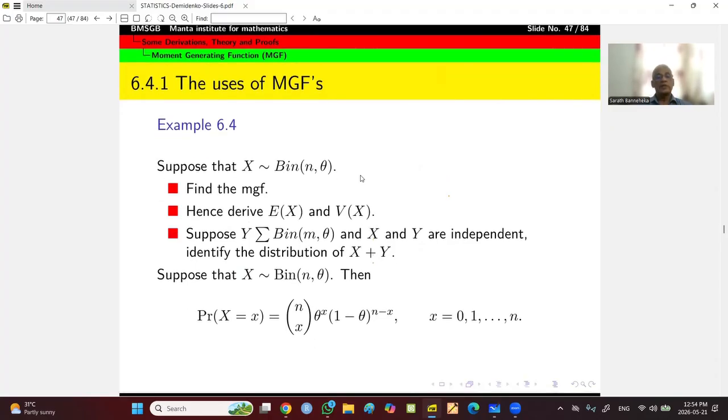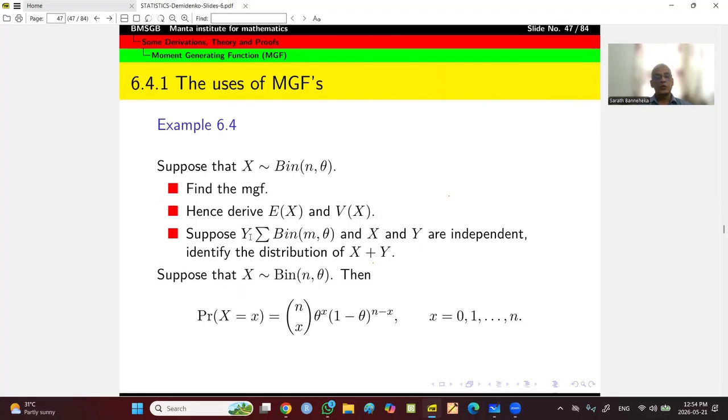Suppose X has a binomial distribution with number of trials equal to n and probability of a success equal to theta. So it says first find the moment generating function, hence derive the expected value of x and variance of x.